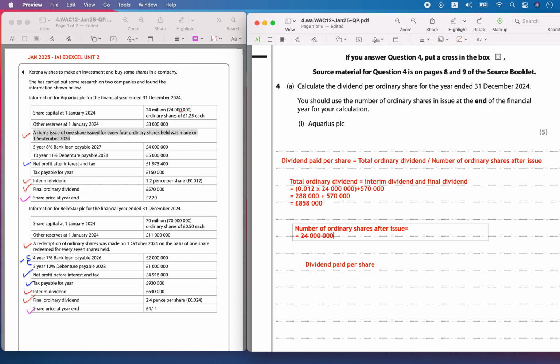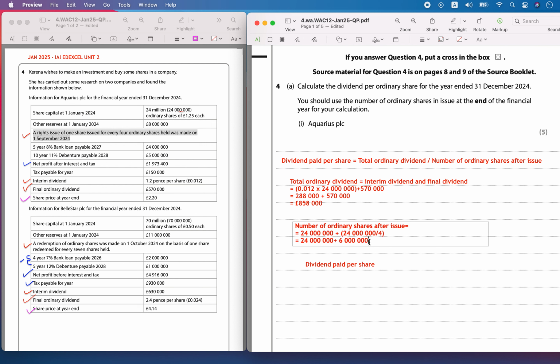So already there are 24 million shares. Now what is the increase in the number of shares after this issue is made to the shareholders? It is 24 million divided by 4, since for every 4 held, one more is issued, so that is equal to 24 million plus 6 million.